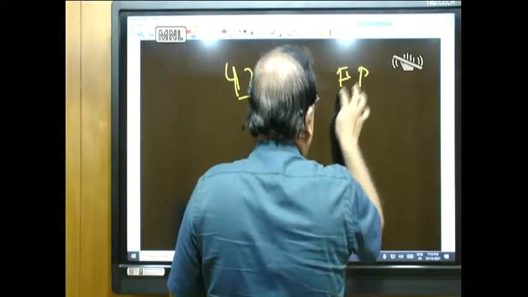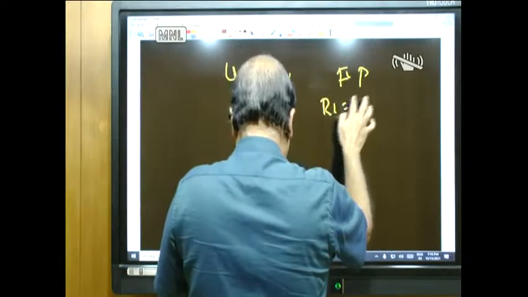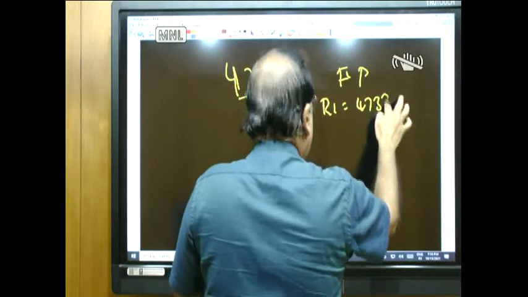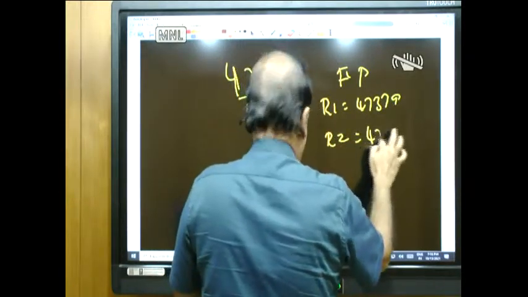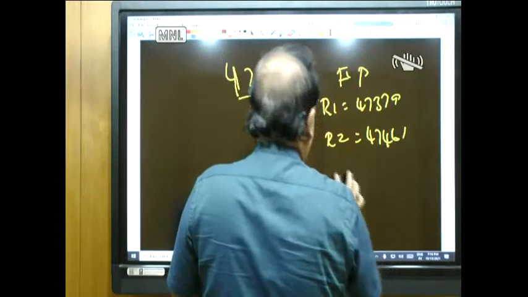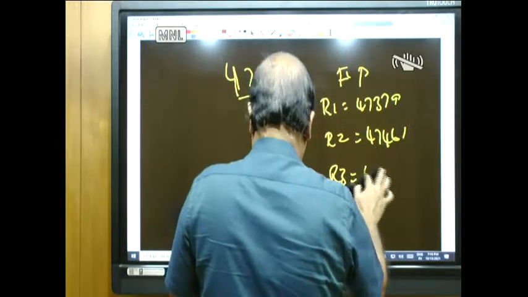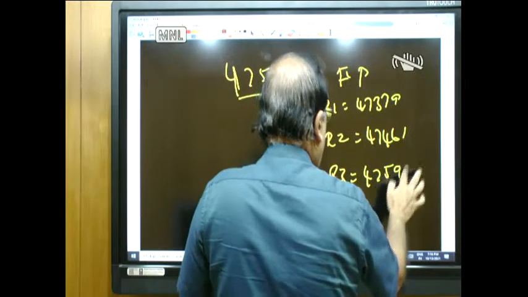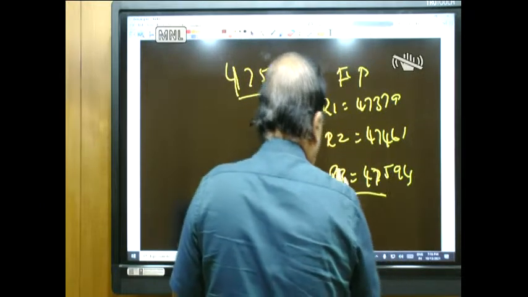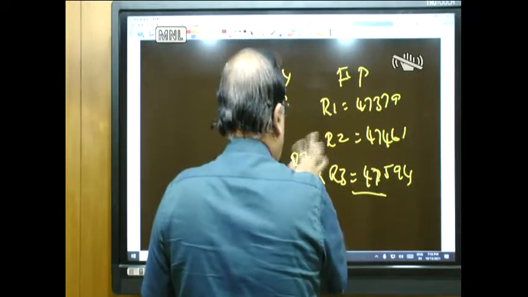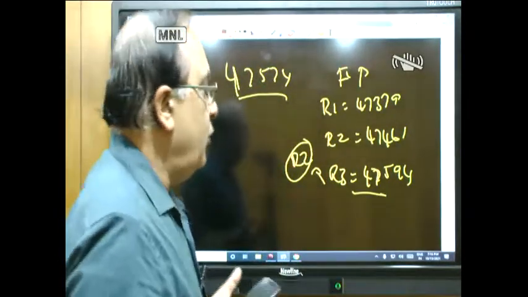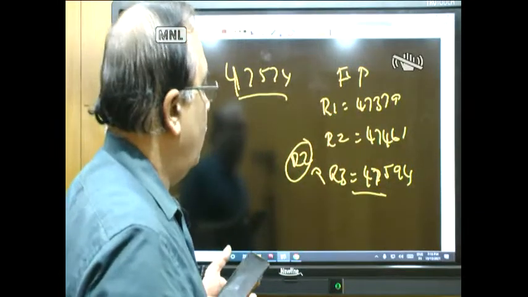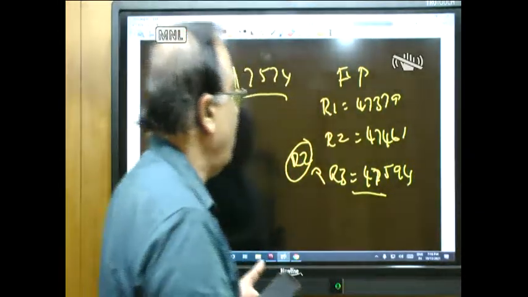Fibonacci pivots are giving these levels: R1 47,379, R2 47,461, R3 47,594. R3 normally is the R2 of the classic pivot, so it has come quite close to the R2 levels here. Now it is going at 47,574.